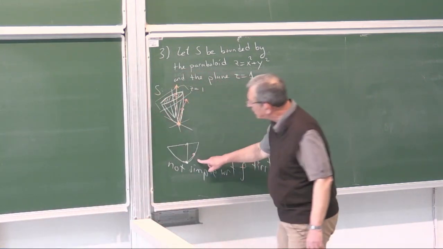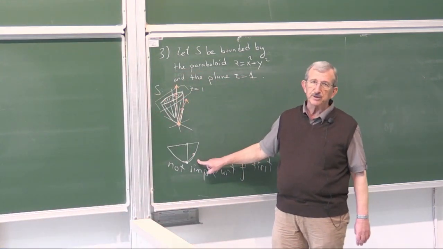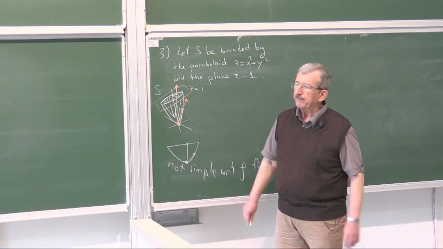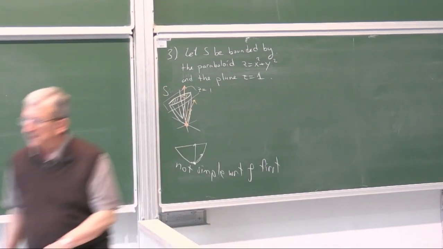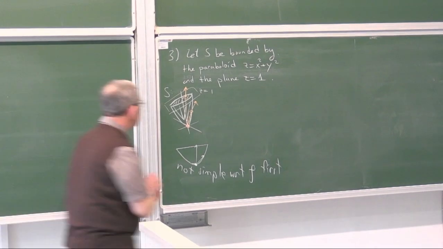Now, this cross-section gives us the hint directly, namely, if we divide it into two pieces, exactly in this manner.